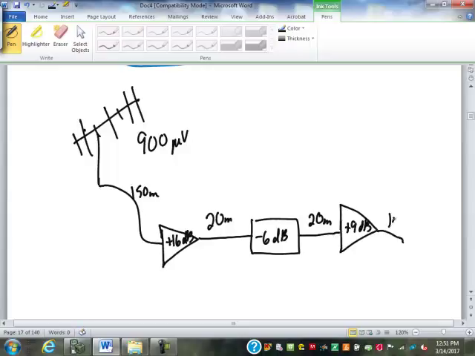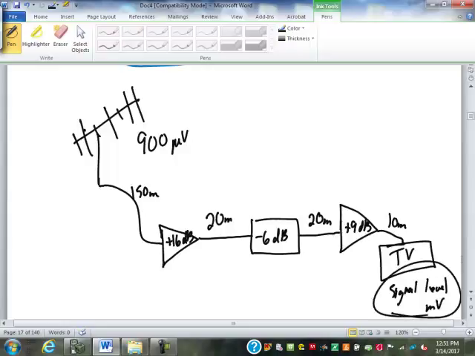And a final 10 meters of cable going to our end game here, the TV. We want to find the signal level here in millivolts. Or in volts, I should say.